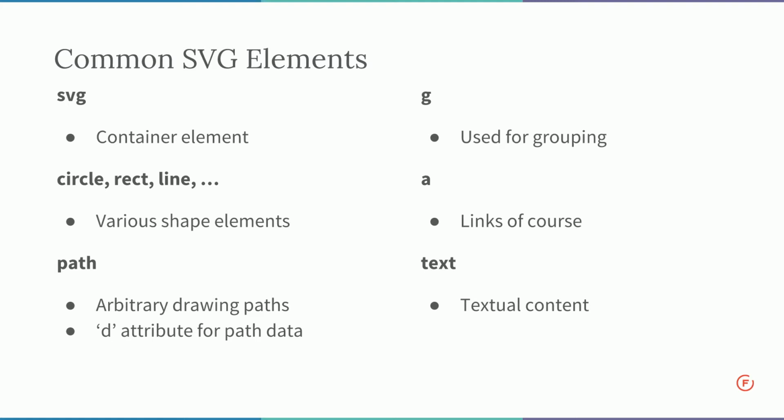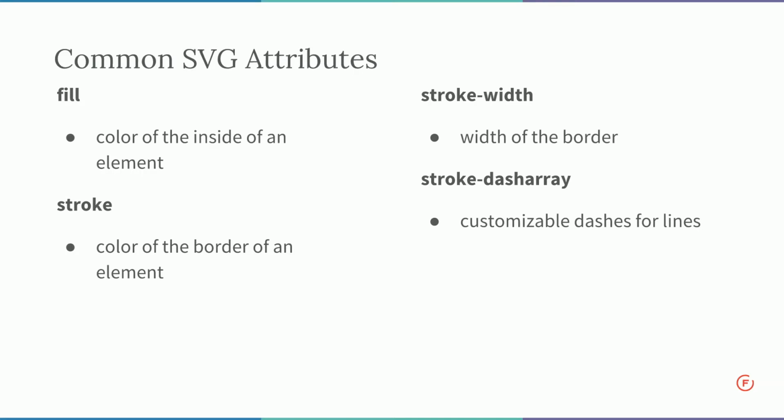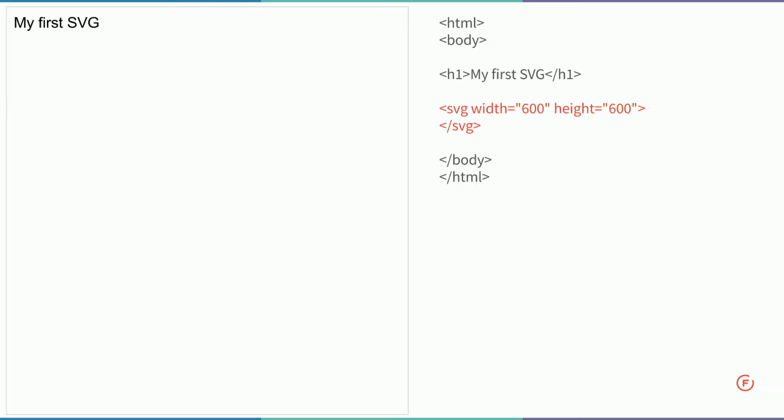You have the G tag for grouping elements, the A tag, which is obviously links, and text elements. Those elements have attributes as well, so you can fill them with different colors, for example. You can stroke them, and set stroke width and stroke dash array, just different styles you can apply to these layers.